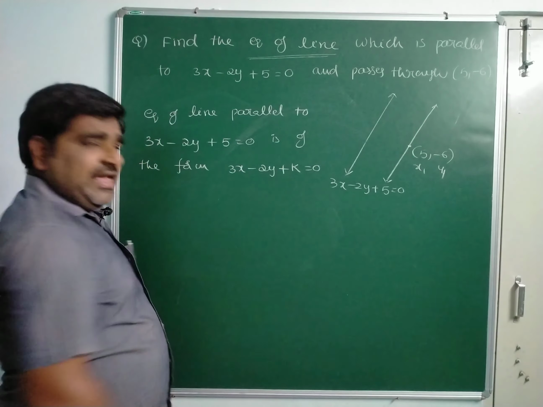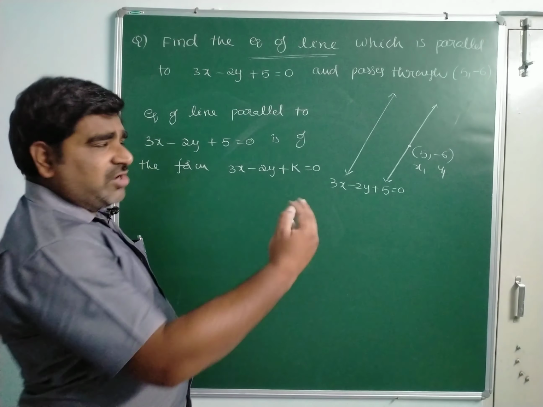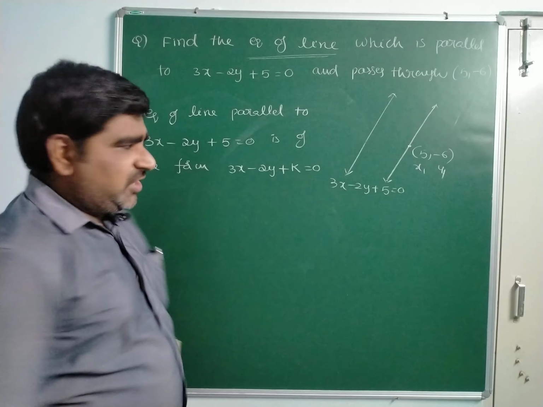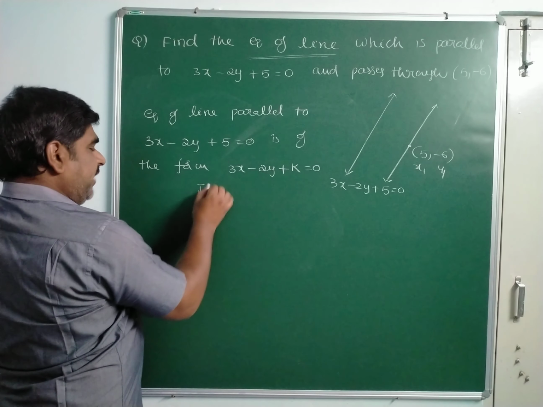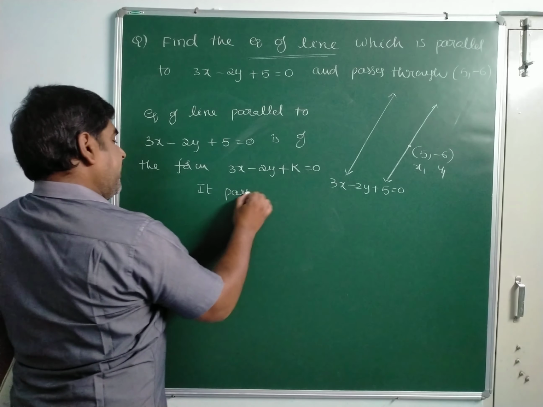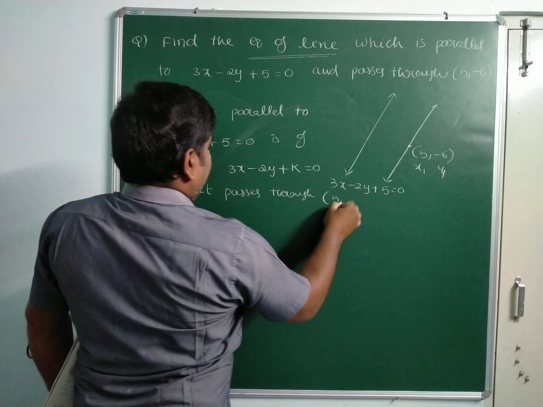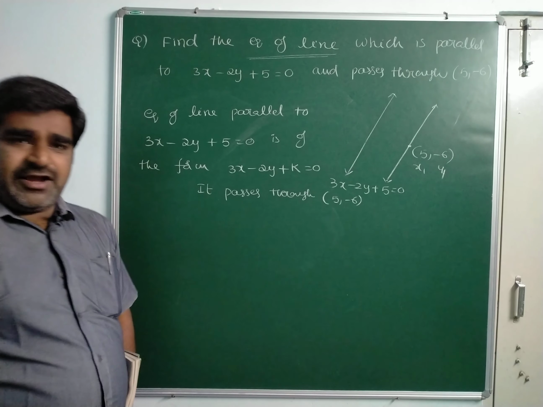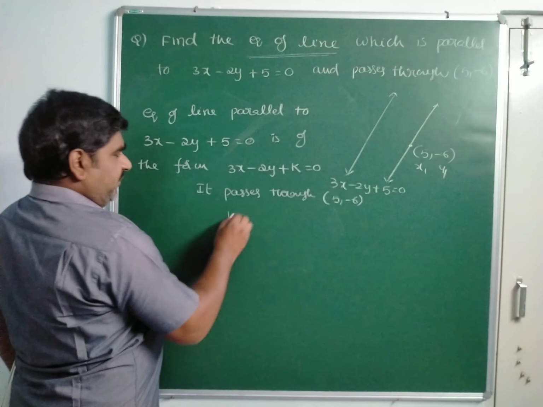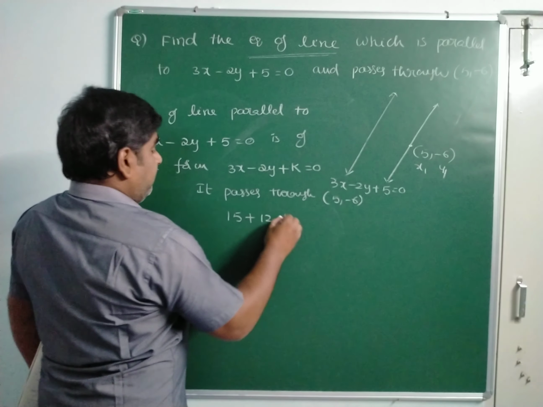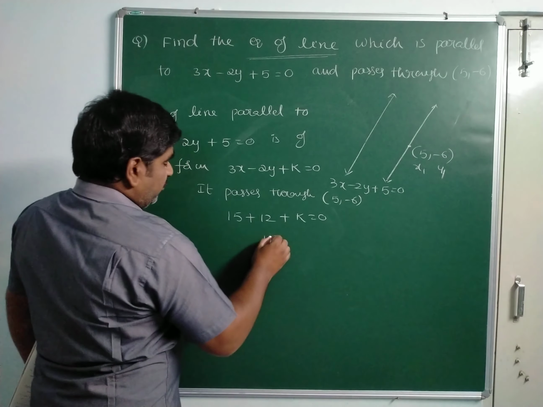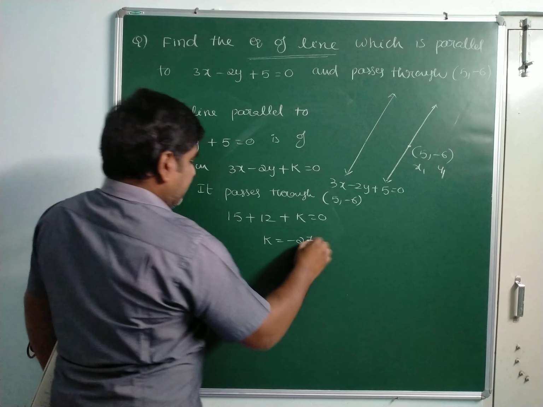Here k is an unknown value. To find the unknown value, he may give some conditions. In this question, he has given that it passes through (5, -6). Just substitute in it: 15 plus 12 plus k is equal to 0, so k is equal to minus 27.